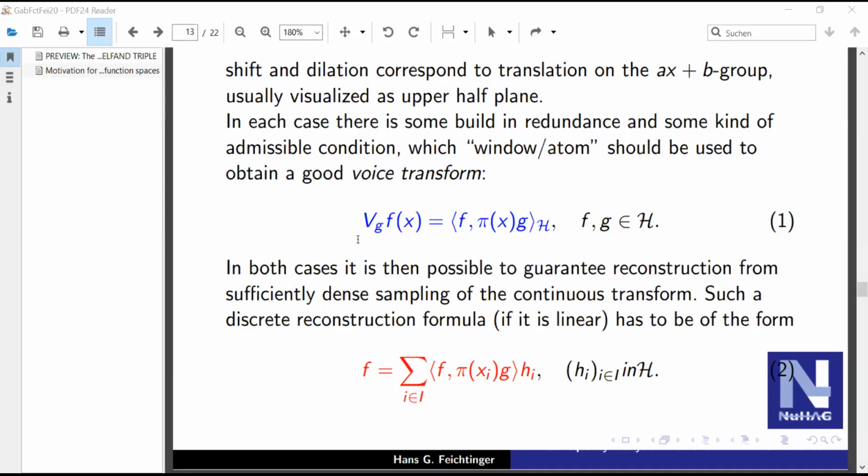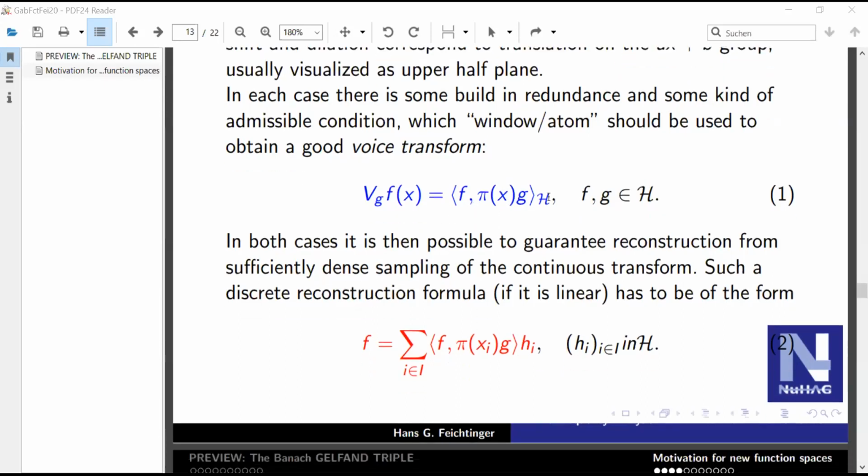And then you have the continuous wavelet transform for the ax plus b group, or you have the short time Fourier transform for the Heisenberg group.